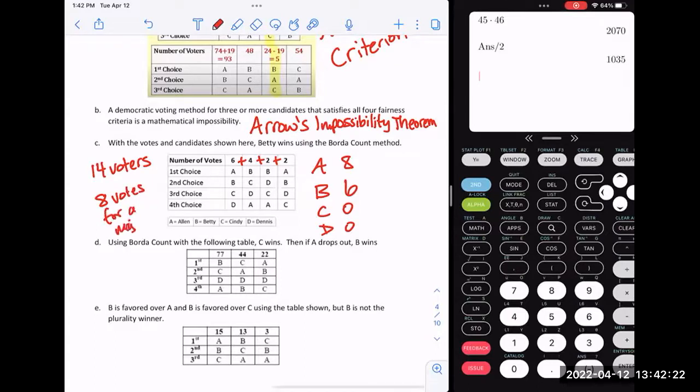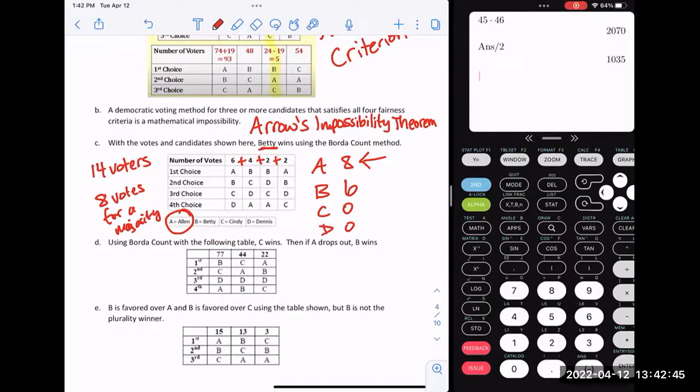So does any candidate have a majority? Yeah, so barely, right? You would need 8 votes for a majority, and that's what A has. So Alan has a majority, but it said that when they used the Borda count method, Betty won.